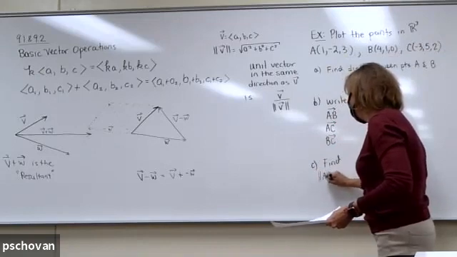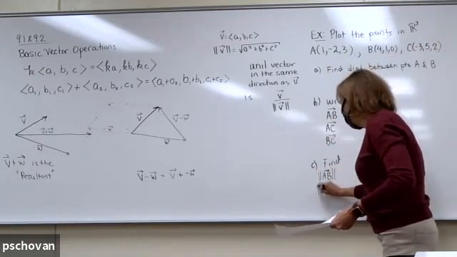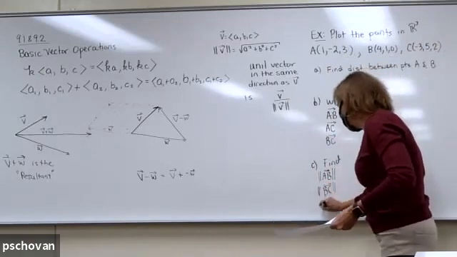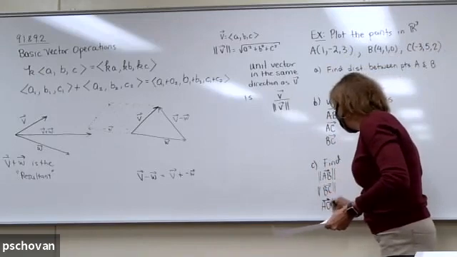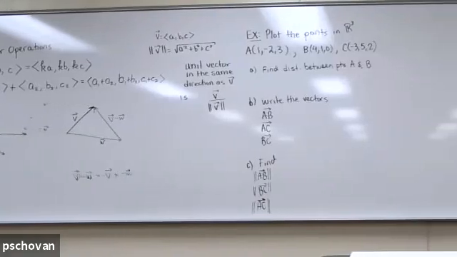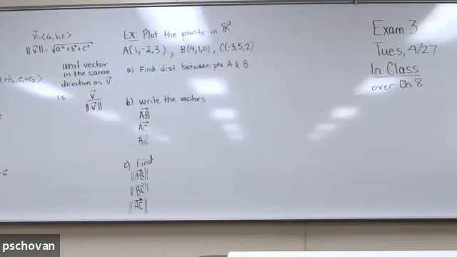Magnitude of AB as the vector, magnitude of BC. Yes, I should have done AC, but I skipped it. Do that right there.